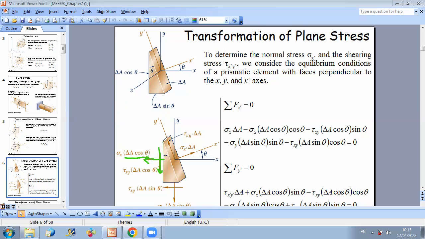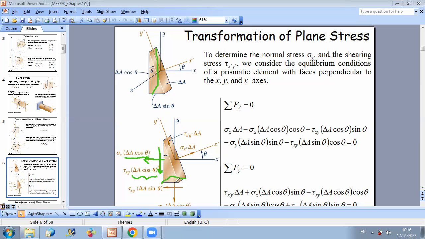So tau xy positive is directed along minus y. And you multiply by delta A cosine theta, which is the area of this face. So now you have calculated the normal force and the shear force relative to your first area that is parallel to plane YZ. You will do the same for the area parallel to plane XZ, this one.